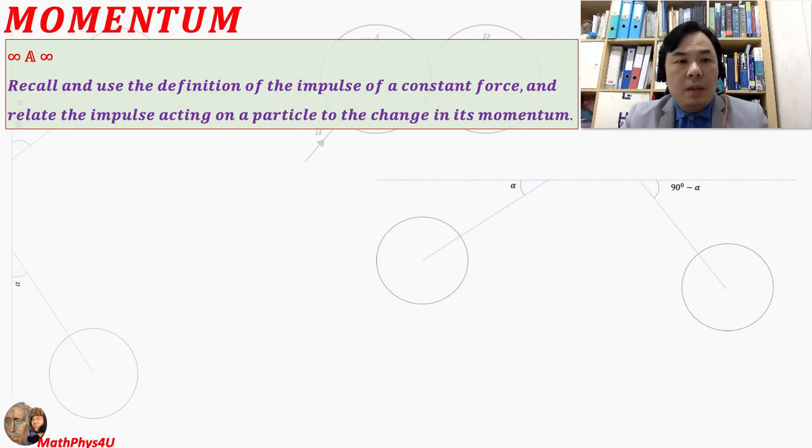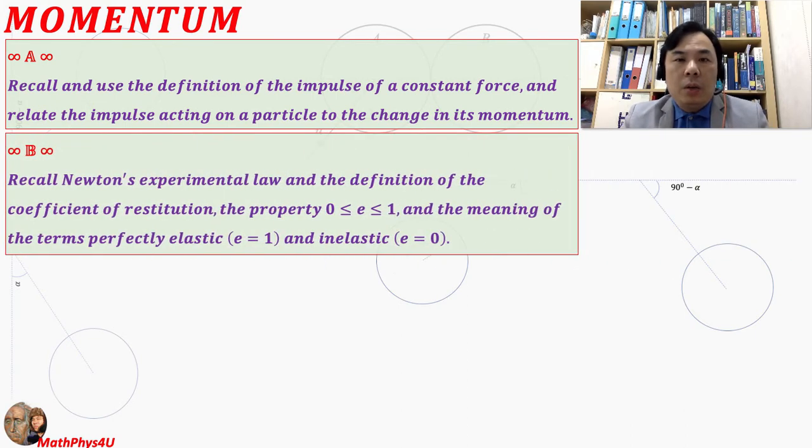All right. Secondly, we're going to present to you a new topic that has not been taught in A-level mathematics, but you're going to learn that in further maths 9231 here. So we're going to go through what is known as Newton's restitution law, or sometimes it is known as Newton's experimental law.